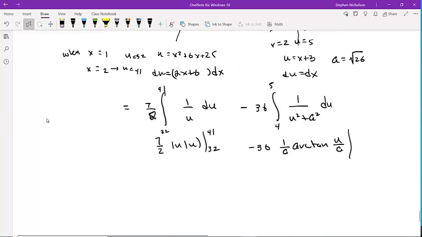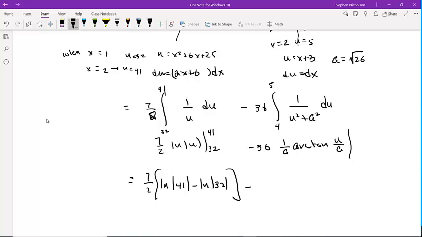So when you actually evaluate this, you'd have the natural log of the absolute value of 41 minus the natural log of the absolute value of 32. So that would be this one. And here you'd have 1 over a. a is the square root of 26. Arctangent of u, which is going to be, so we're not plugging back in, we're using our new limits.